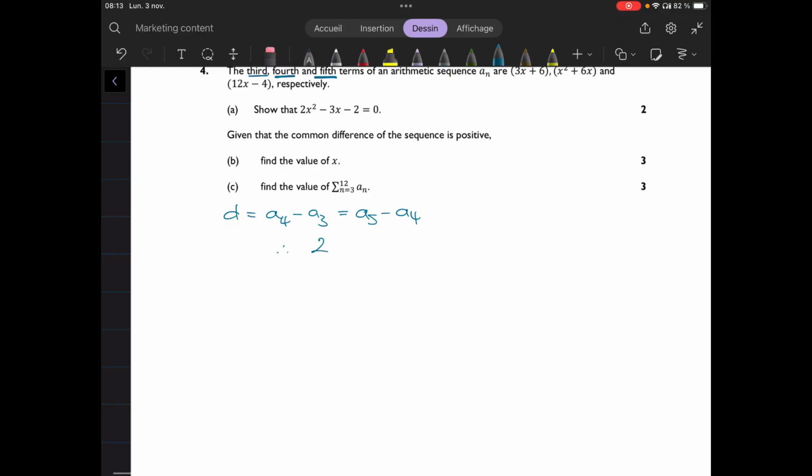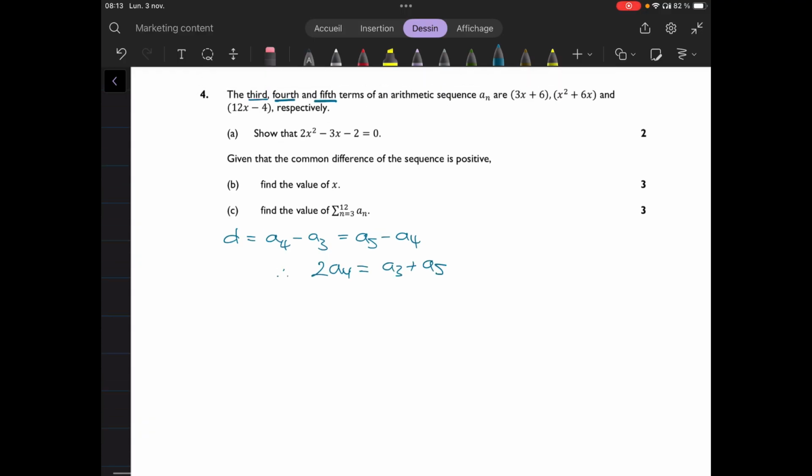Therefore, 2a4 is equal to a3 plus a5. a4, a3, a5.